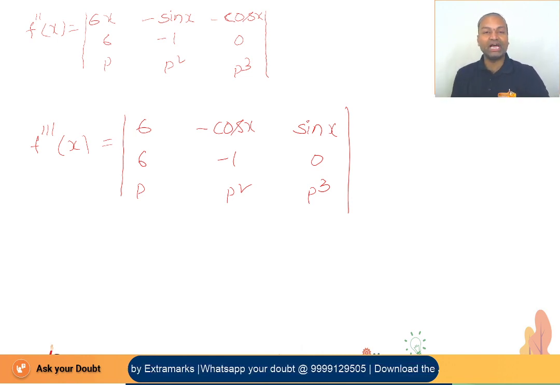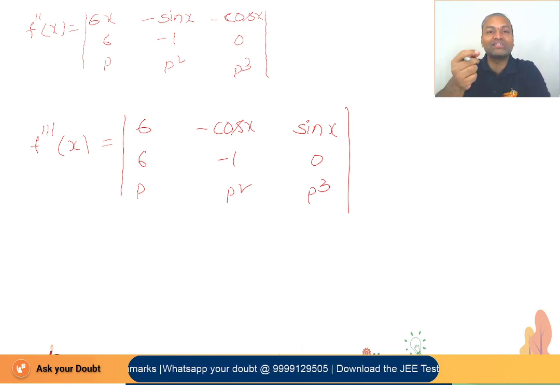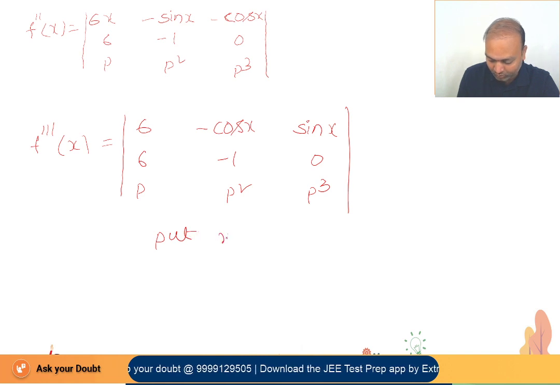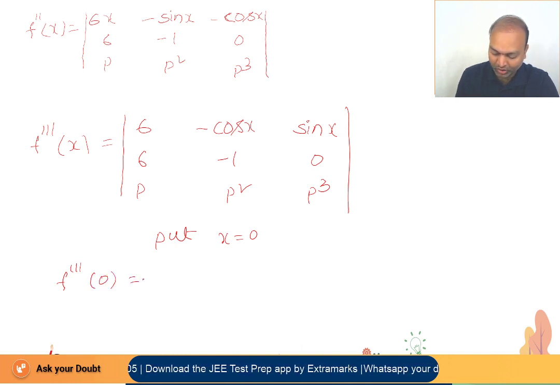But actually we have to calculate the third derivative at x equal to 0. So put x equal to 0 here. F triple dash of 0. Okay.